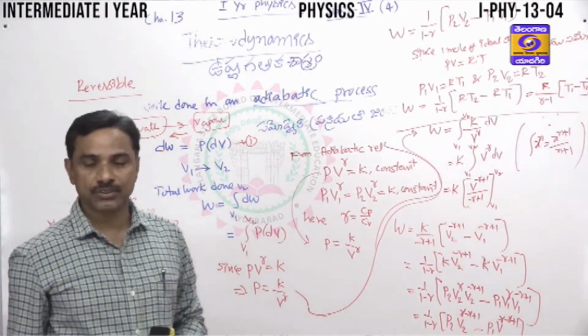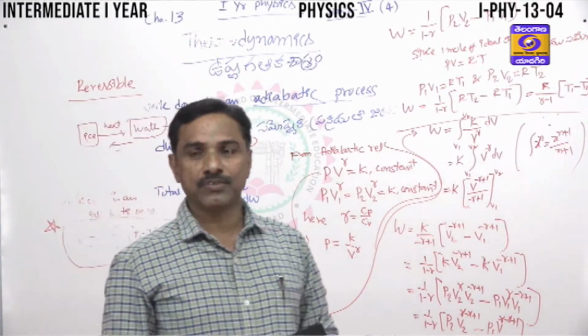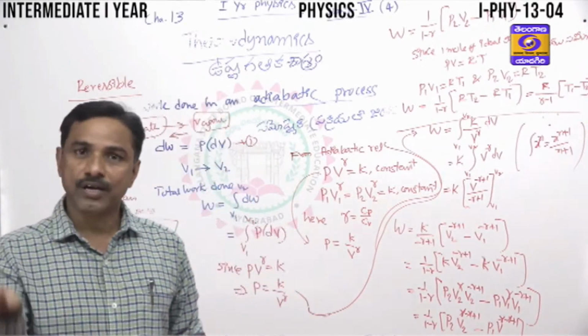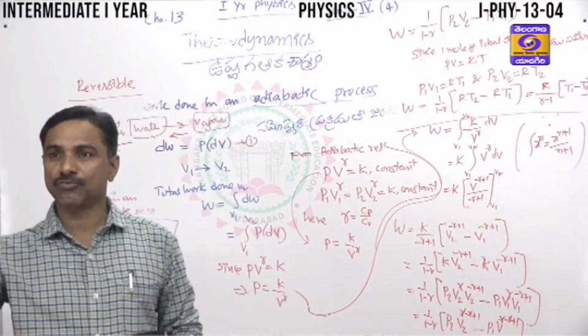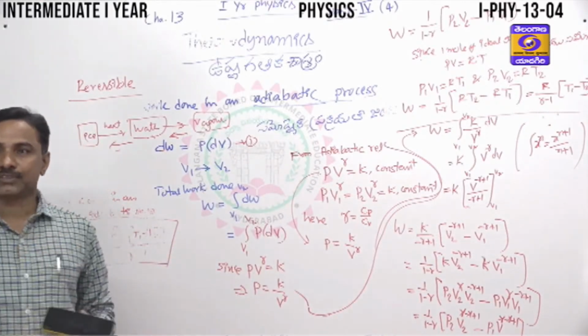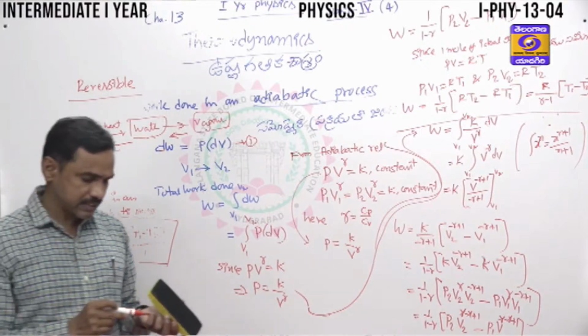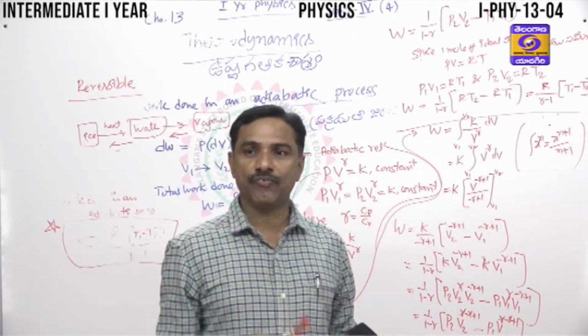In refrigerators, if you put containers with some water in the deep freezer, the water will be converted into ice cubes, right? You are removing heat from the water, cooling it, and then the water is converted into ice. You will discuss this a lot in latent heat of fusion and latent heat of vaporization.